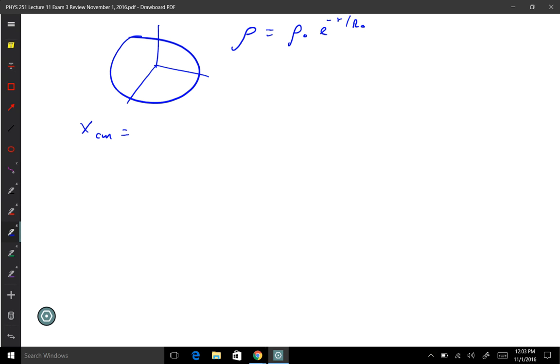Which one do you suppose is going to be easier, to convert it to Cartesian coordinates or to keep it in spherical coordinates? Keep it spherical is the correct answer. The reason for that is the limits are simple. If you convert it to Cartesian coordinates, then you're going to have an integral with respect to x, an integral with respect to y, and an integral with respect to z.